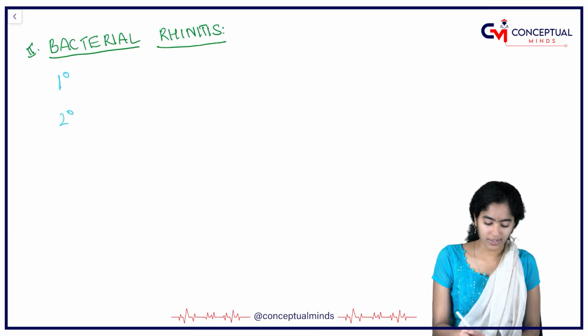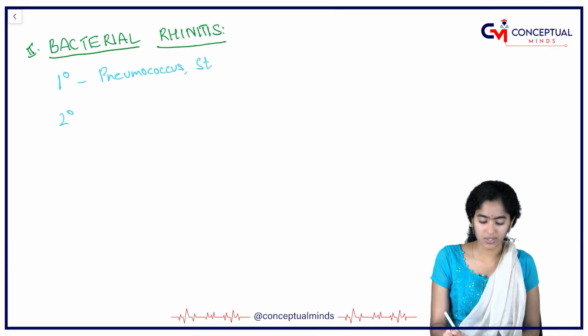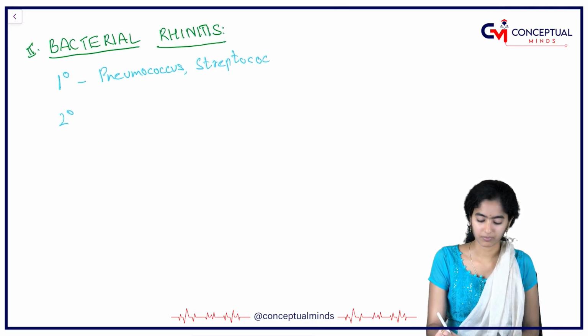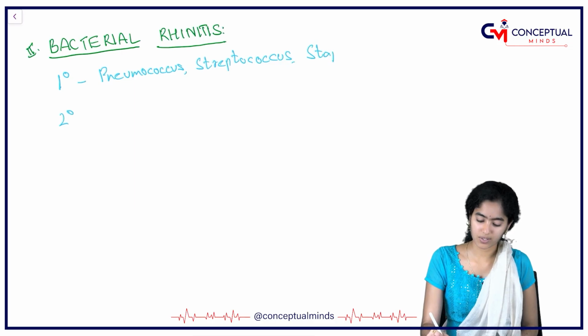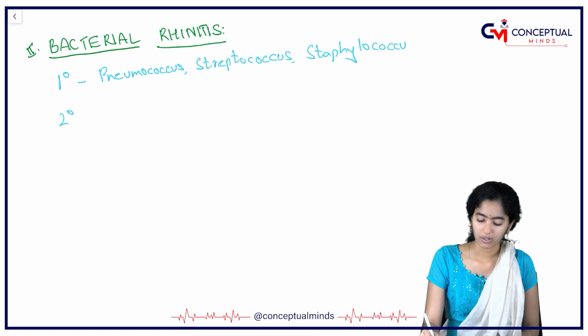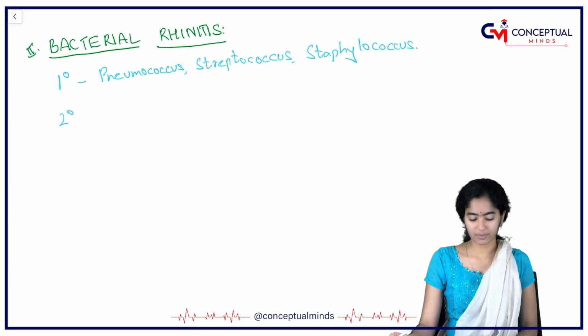Primary bacterial rhinitis occurs due to pneumococcus, streptococcus, and Staphylococcus. These are some of the common bacteria that cause primary bacterial rhinitis.